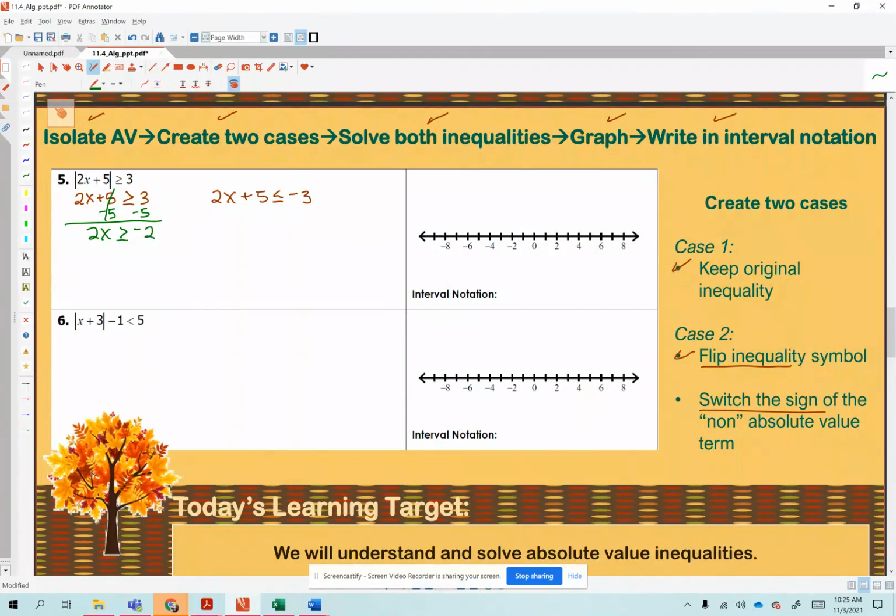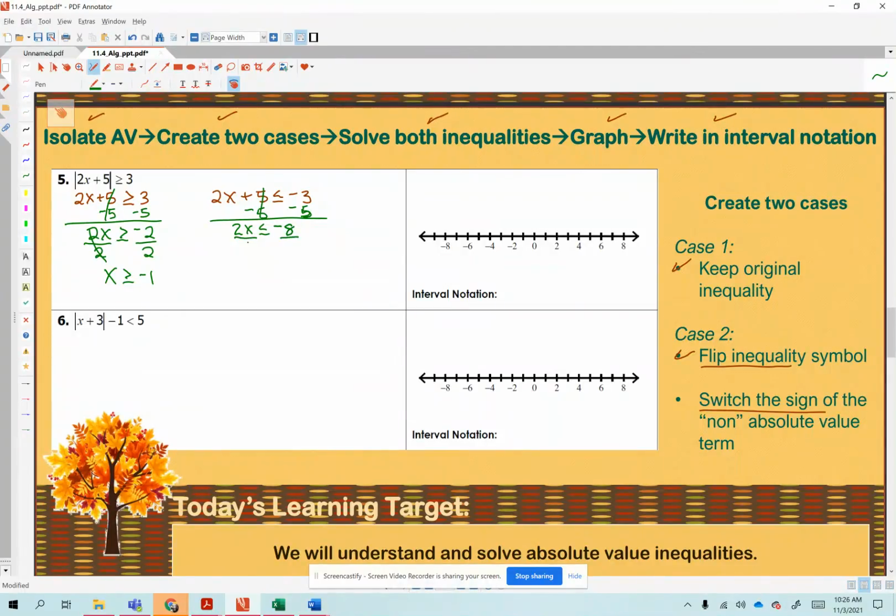I hope you try this on your own first. And then we will divide by 2, and x is greater than or equal to negative 1. We'll subtract 5 from each side in this inequality. 2x is less than or equal to negative 8.